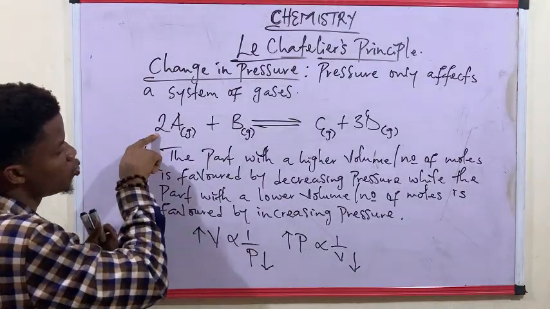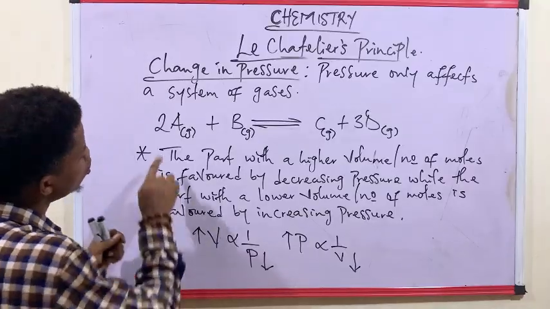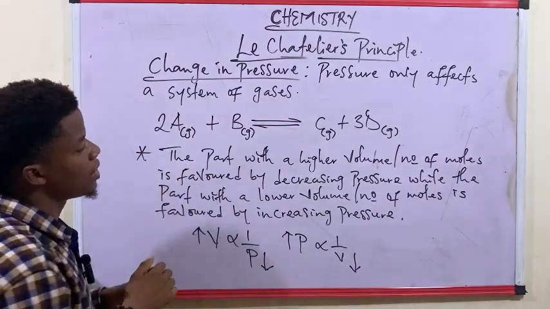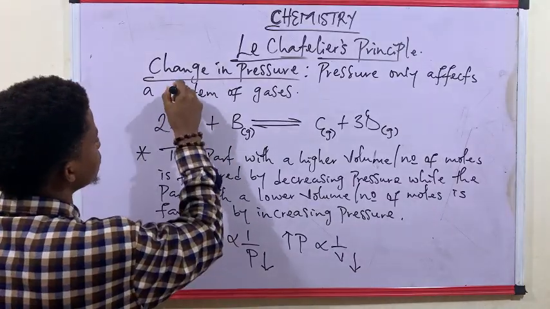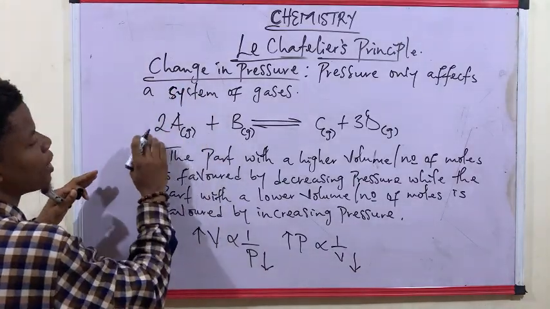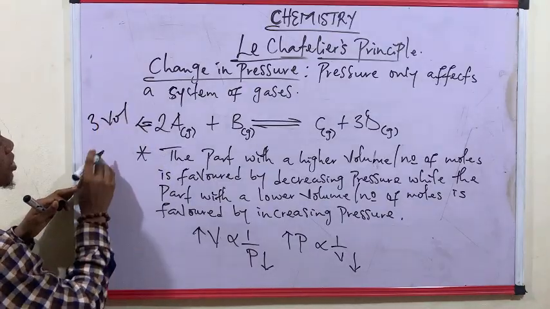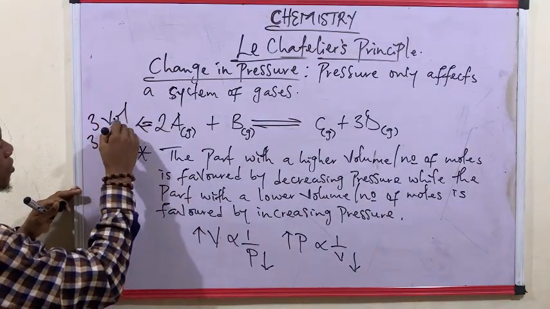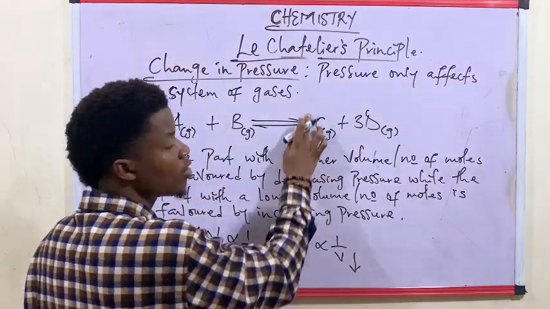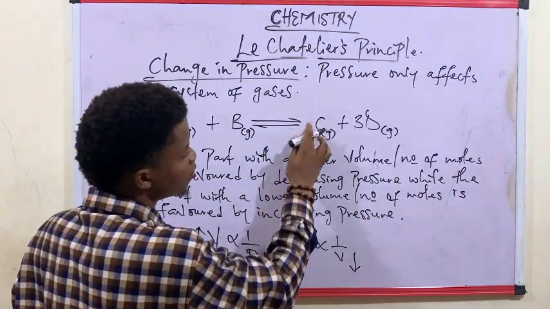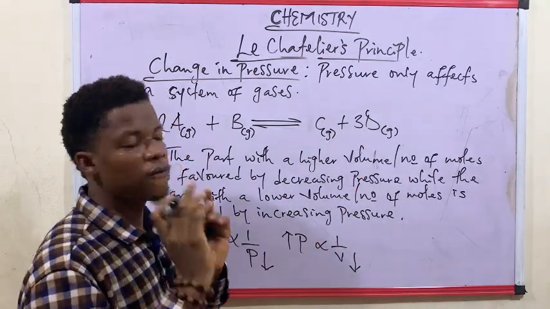Now there's 2 in front of A, and there's nothing in front of B. Nothing means 1. So 2 plus 1 is 3. So on this part, we have 3 volume, or we say 3 moles. Then on this part, there is nothing in front of C, that's 1. 1 plus 3 in front of D is 4.